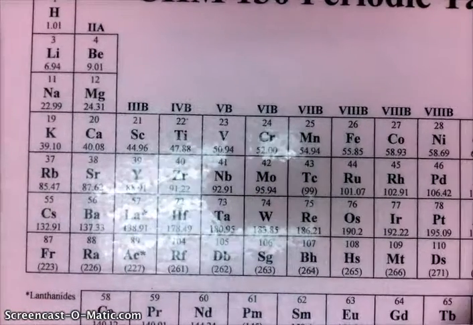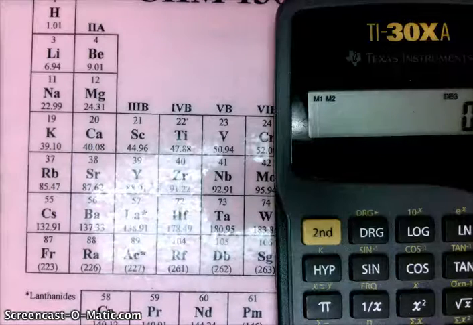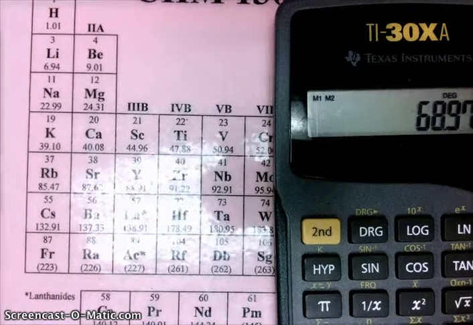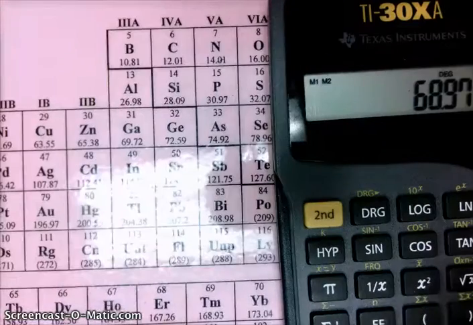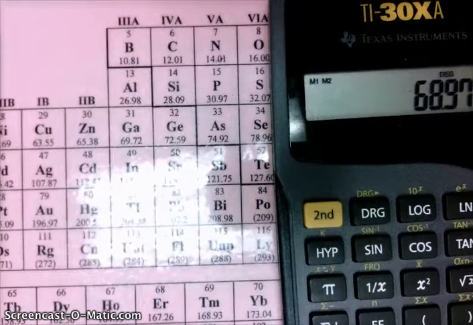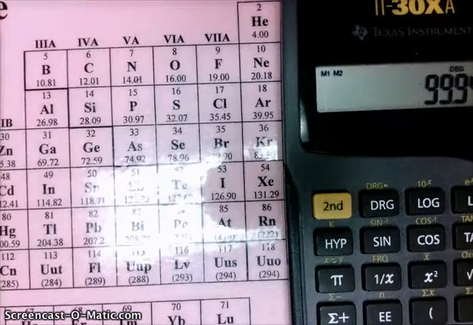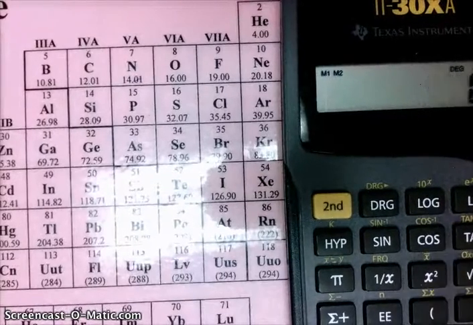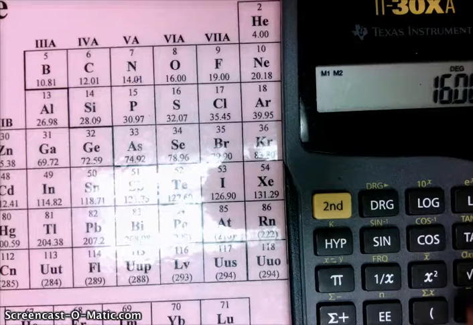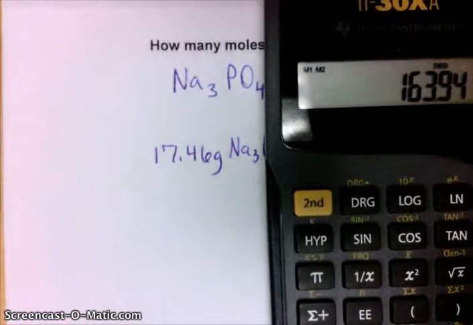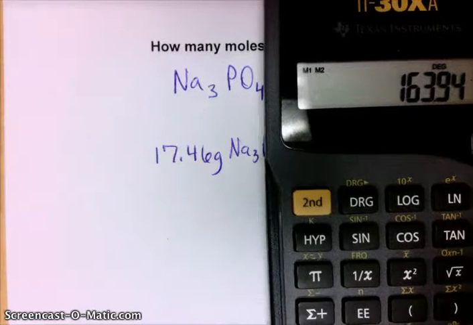We have 3 sodiums, so that is 3 times 22.99, plus we have 1 phosphorus, which is 30.97, plus we have 4 oxygens, so open parentheses, 4 times 16.00, close the parentheses, equals. And our molar mass is 163.94 grams in the 1 mole.